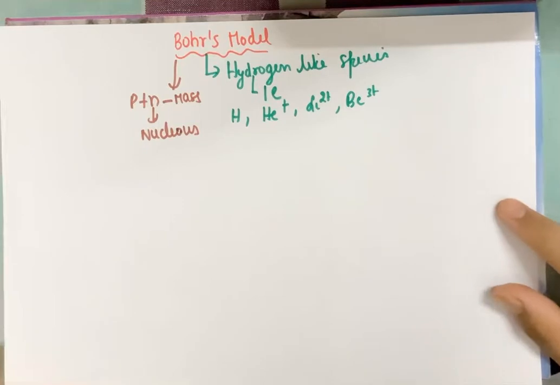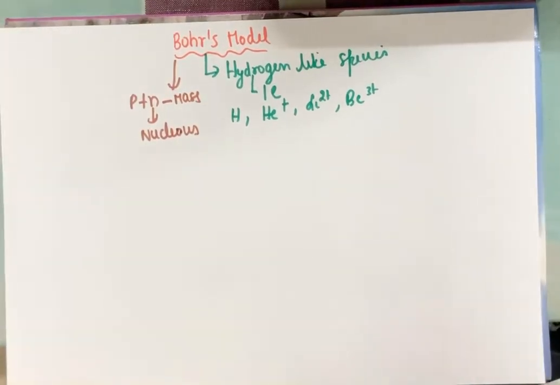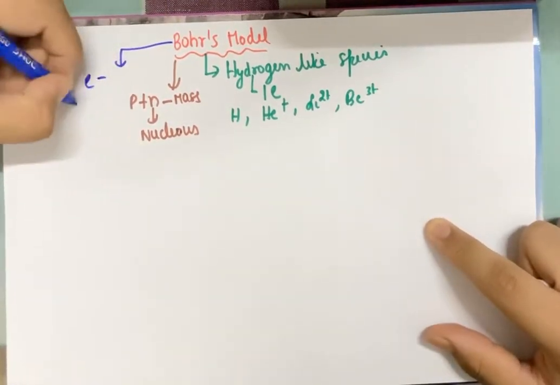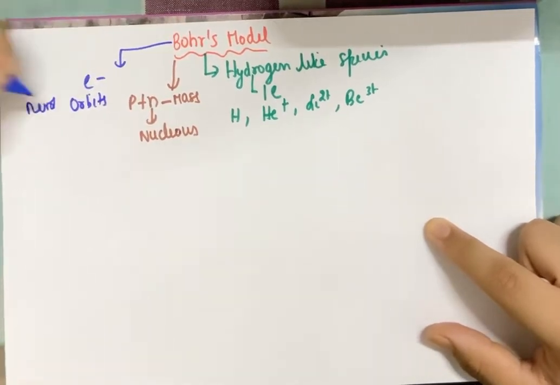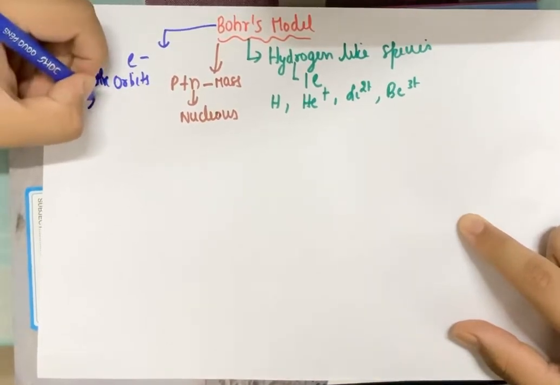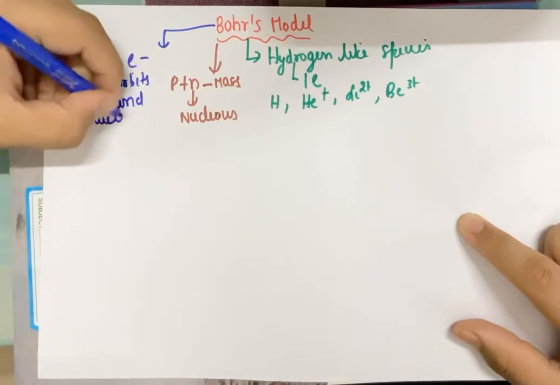In the nucleus they are found and they constitute the main mass of the atom. Now what about the electrons? The electrons revolve around various orbits. So electrons are there in orbits, and they revolve around the nucleus.